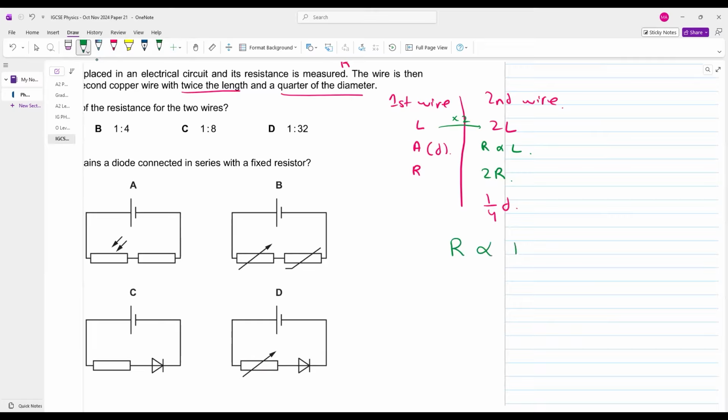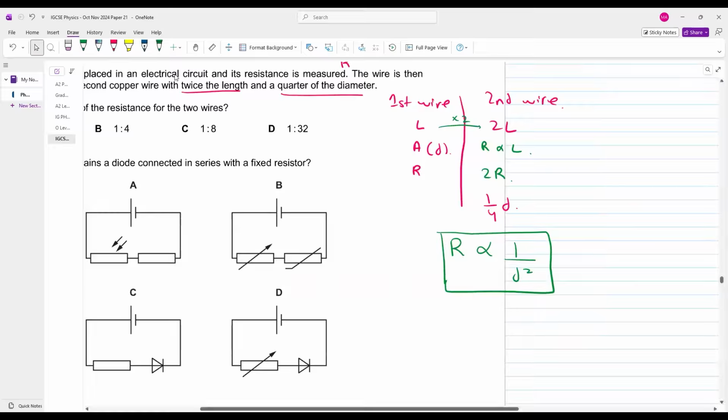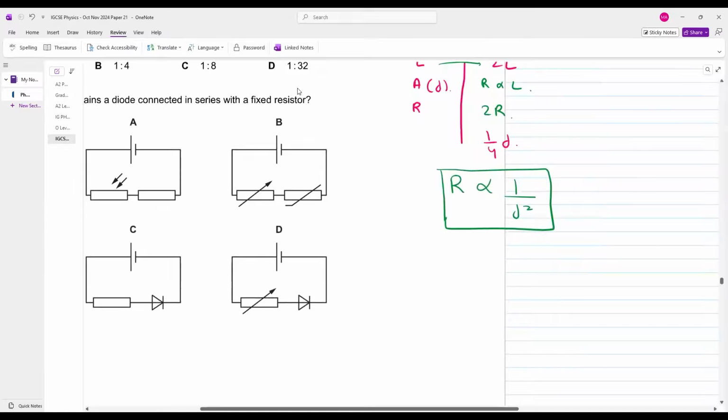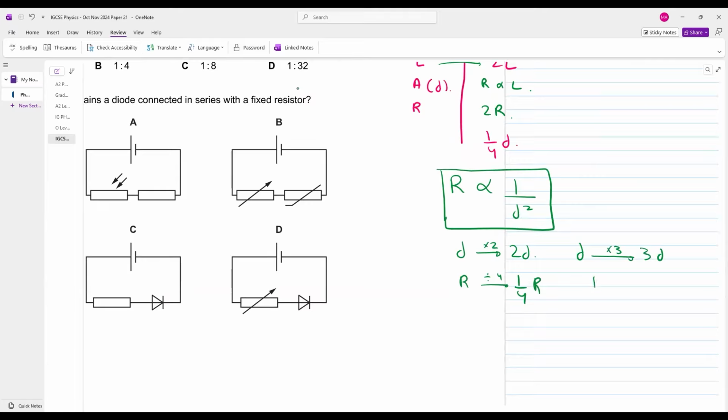Resistance is inversely proportional to the square of the diameter. What is the relationship? Inversely proportional to the square of the diameter. Sir, what will I do with this relationship? This relationship basically means that if your diameter goes from D to 2D, if your diameter doubles, your resistance will get divided by 4. If your diameter becomes thrice, your resistance will get divided by what? 9.